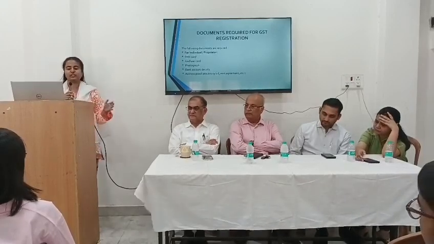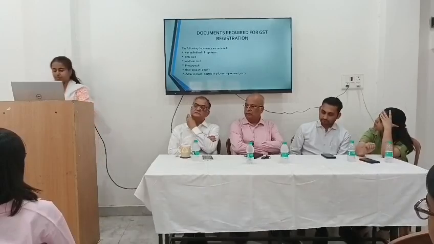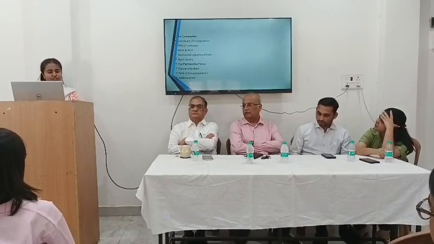It includes electricity bill, rent agreement, etc. Now for companies: certificate of incorporation, MOA and AOA. MOA gives information about the company's procedures and rules, and AOA gives information about the internal regulation of the company. And authorized signatory's DSC, which means digital signature, and bank details.